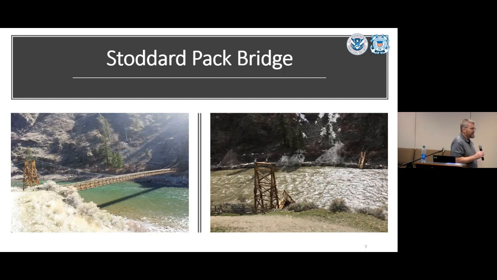But we had a landslide that wiped out one pier on one side. The decision was made to reconstruct the bridge diagonally, so that it went off at an angle, so the new abutment wouldn't be located in the same area where we had the landslide.